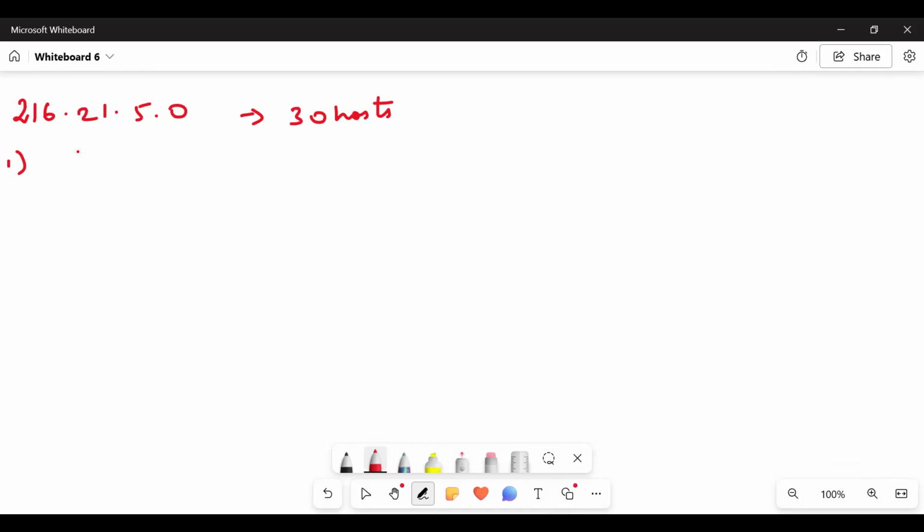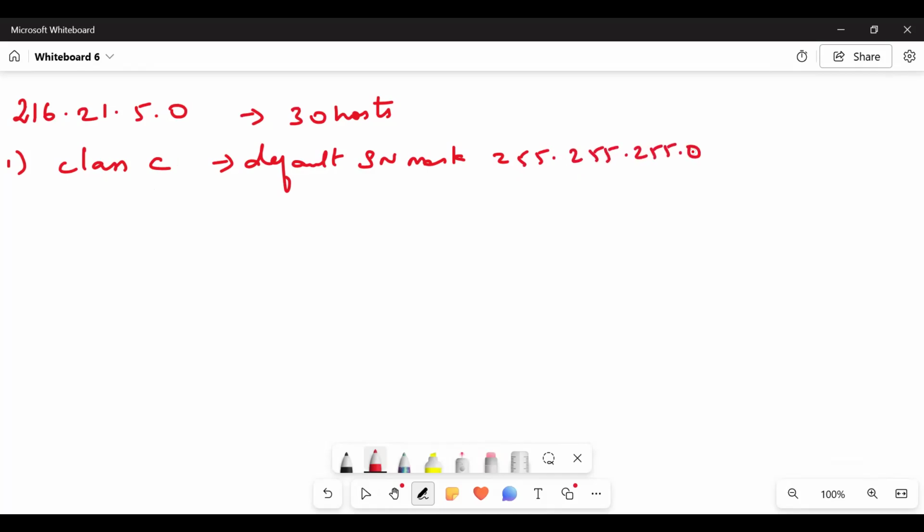So 216.21.5.0 belongs to class C. Now, the default subnet mask for class C is 255.255.255.0. So this is the default subnet mask for class C.